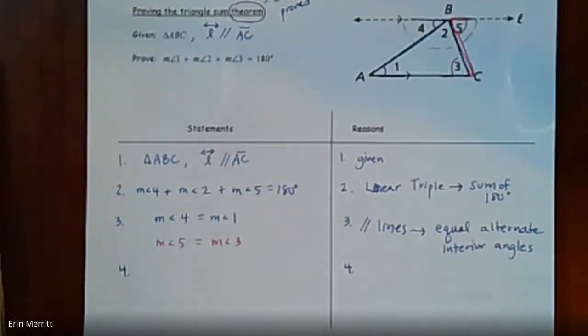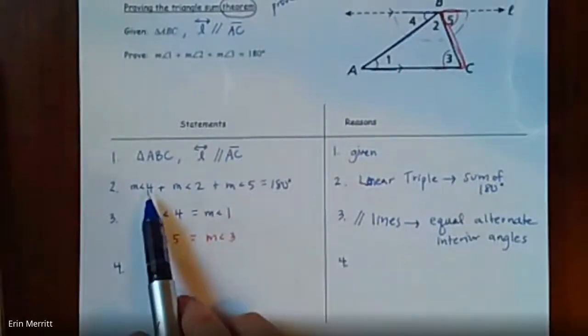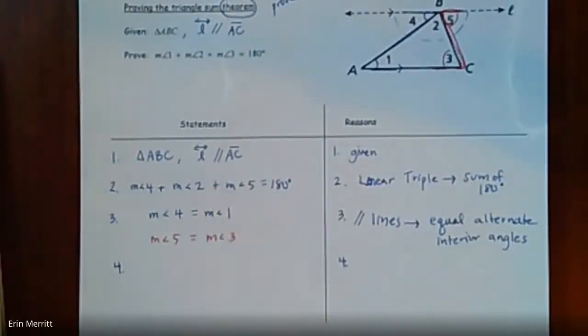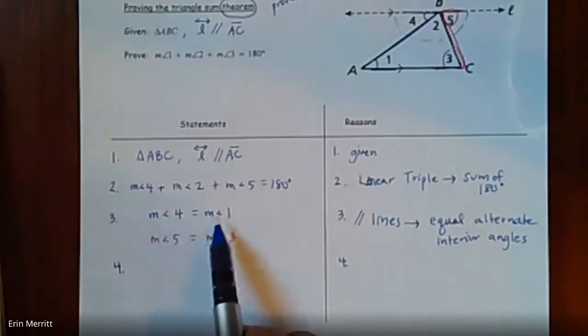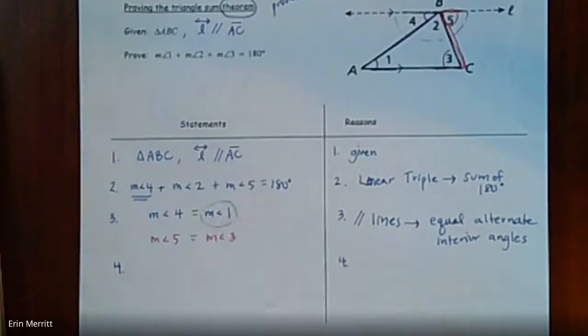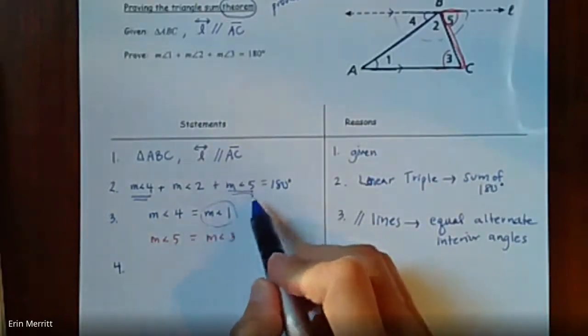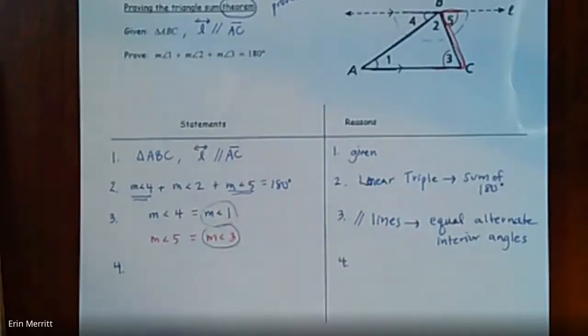All right. Here's where we turn this into the step that we want. We want to say that angles 1, 2, and 3 give us 180. Right now, we know that 4, 2, and 5 give us 180, but we're going to do a little substitution here. If 4 is the same as 1, in place of angle 4, we're going to put angle 1. And if 5 is the same as 3, then in place of angle 5, we're going to put in angle 3.